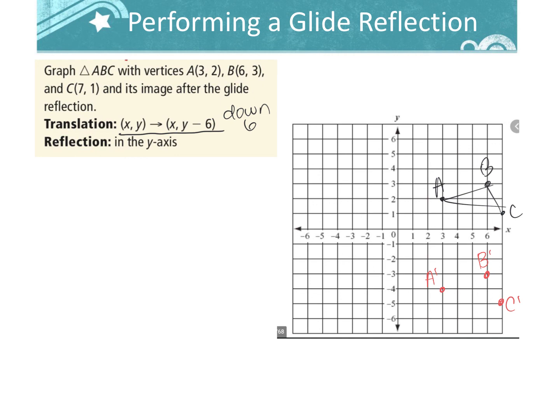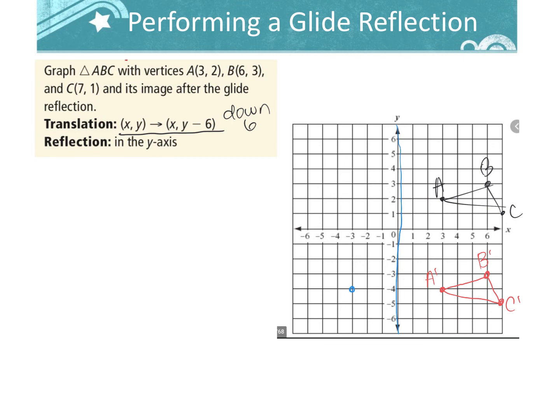Then we're reflecting it over the y-axis, okay? Which one's my y-axis? The vertical one, right? So all of my x values are going to change from positive to negative. It reflects over that axis. So A here was 3, and at A prime, my x value was 3.